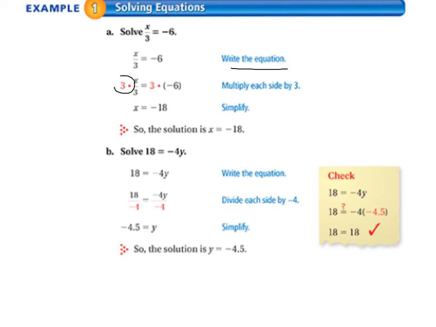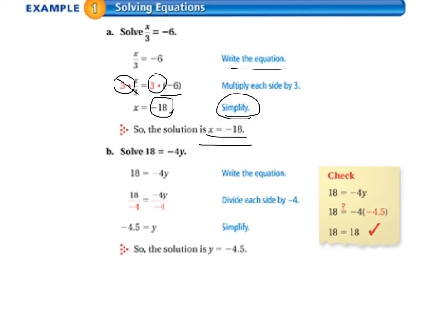So we've got our little red 3's here. And when we multiply each side by 3, our 3's on this side cancel each other out. And then we multiply this side by 3. 3 times negative 6 equals negative 18, so that all simplifies and we get x equals negative 18.